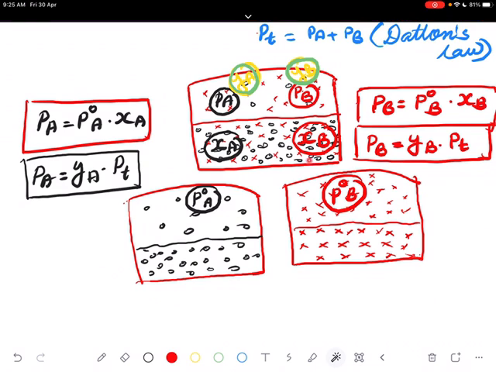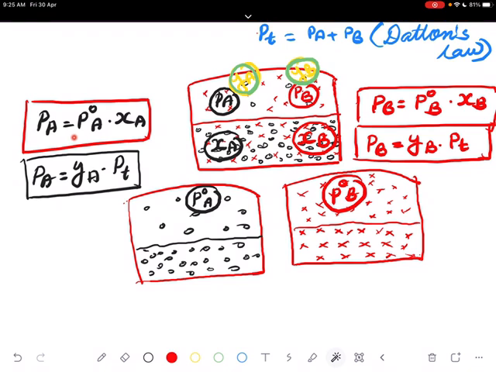When B is highly volatile, it exists in the vapor phase, and A is low volatile, so it exists in the form of liquid only. So one liquid and one gas, similar to Henry's law.